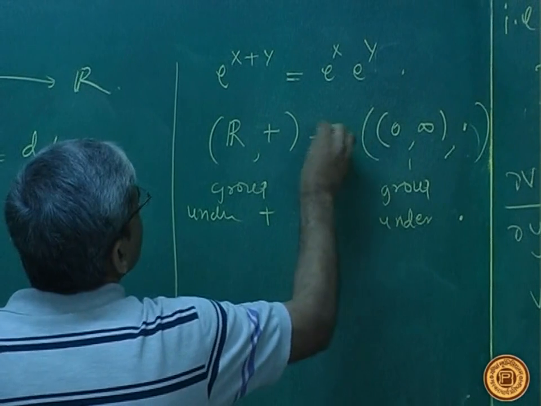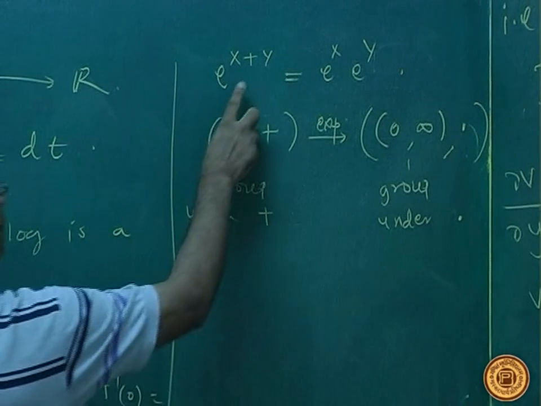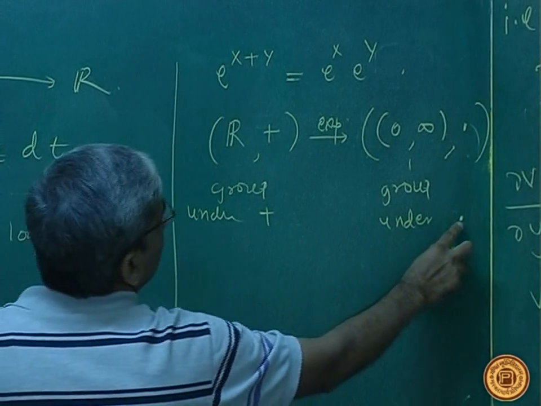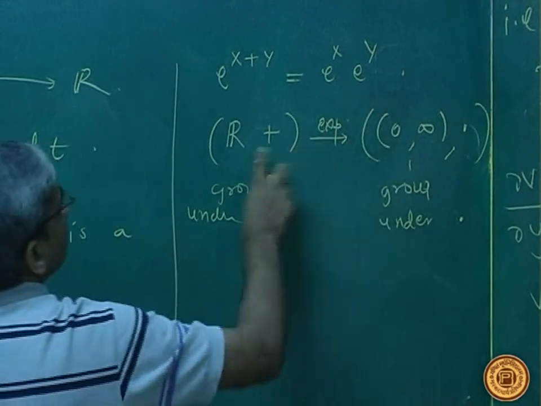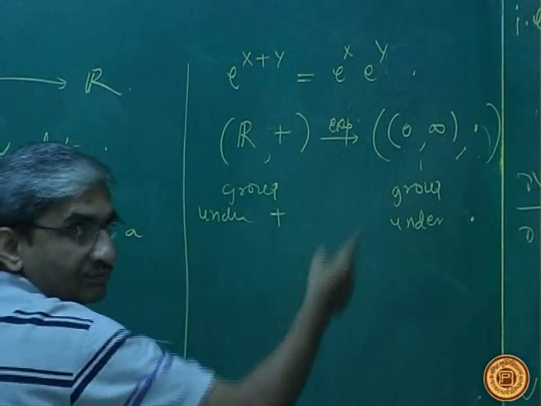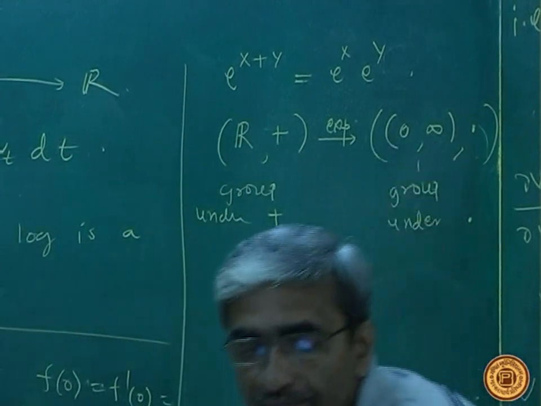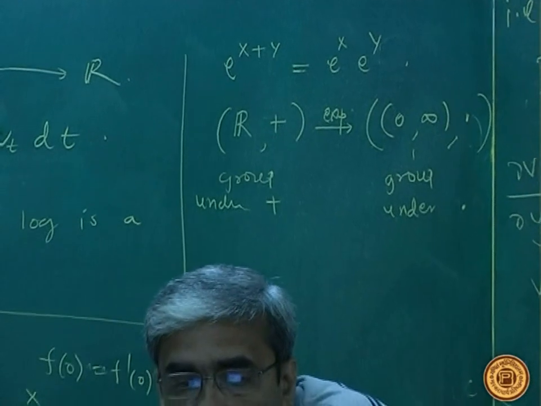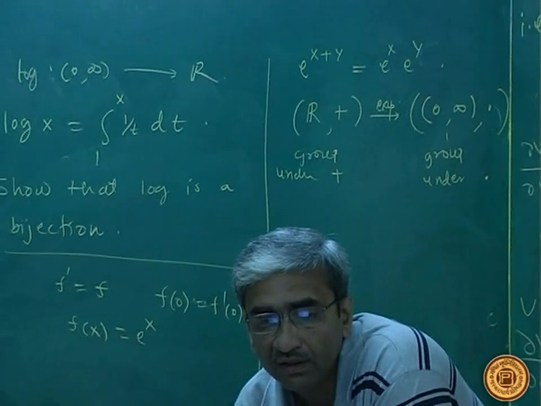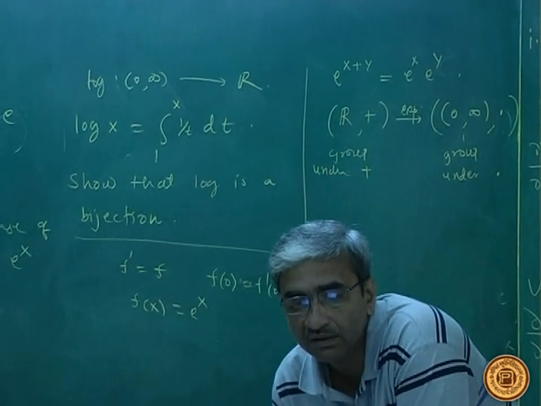So this set under multiplication, and R under addition, this is a group under product, that is a group under addition, and then this function, the exponential function, this property says that if you add two numbers here, then it is multiplication, e to the power x into e to the power y. So this is a homomorphism, and further it is a bijection, so it is a group isomorphism. Okay, so it is written there that the function is an isomorphism between the additive group of real numbers and the multiplicative group of positive real numbers.